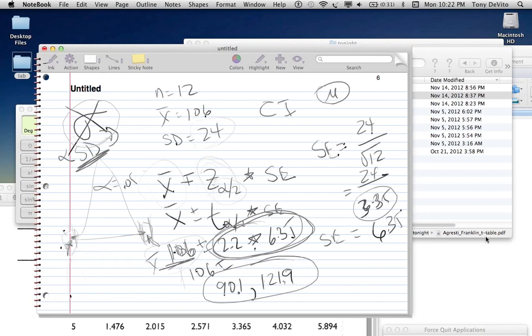It's a margin of error. Exactly. That number that we're adding and subtracting, the t-score times the standard error, is called our margin of error. In other words, that's the amount of error that we're expecting above and below that particular number that we're estimating to be the mean. Okay, so that's our margin of error.